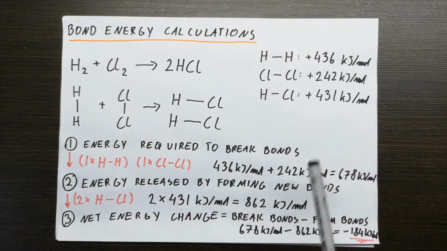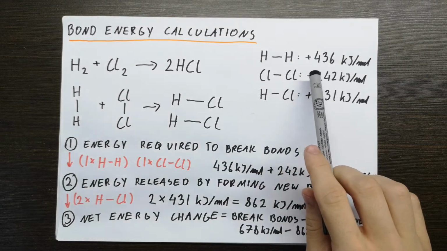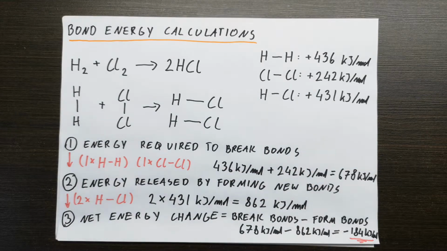The hydrogen-hydrogen bond will have 436 kilojoules per mole. The chlorine-chlorine bond will have 242 kilojoules per mole, and the hydrogen-chlorine bond will have 431 kilojoules per mole.